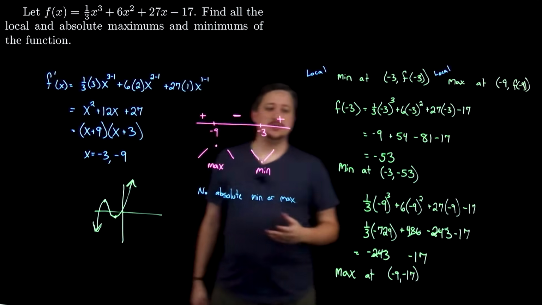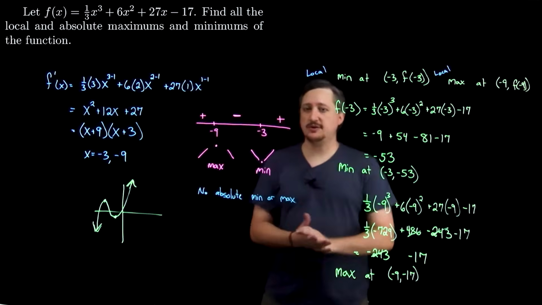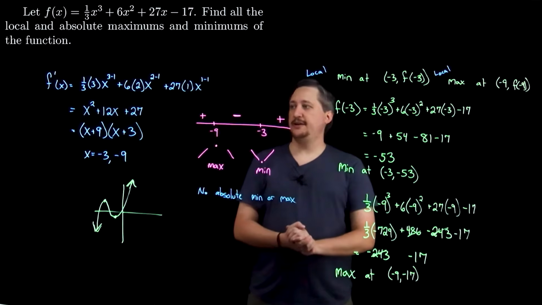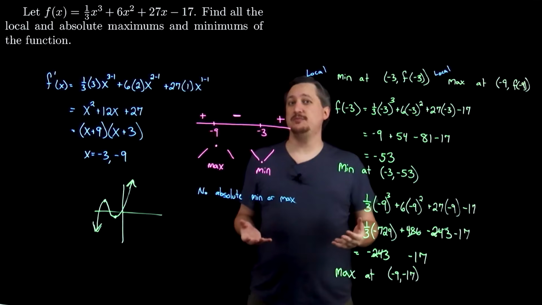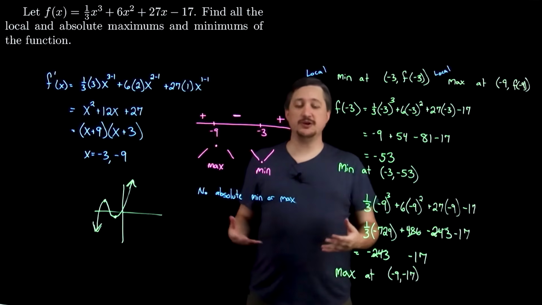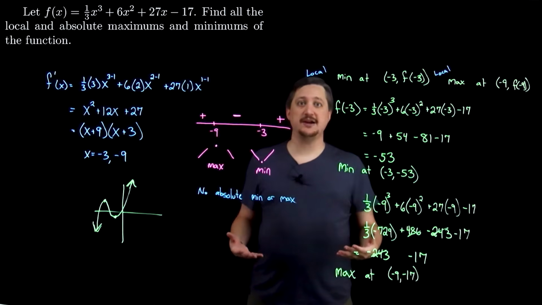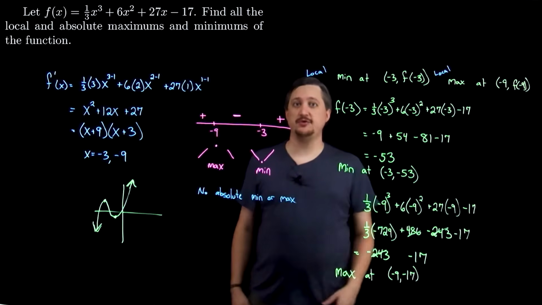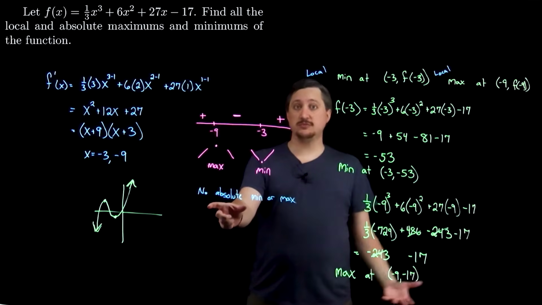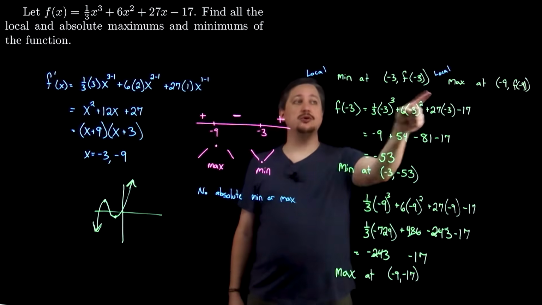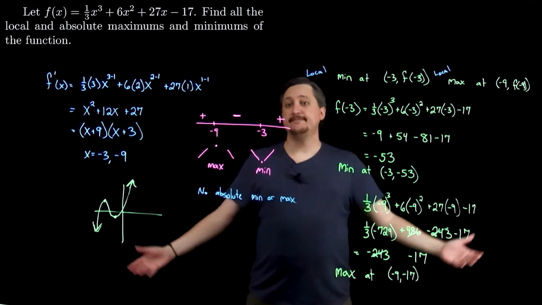In fact, something you probably learned in pre-calc, depending on where you took it, is that with polynomials in particular, you can tell whether it has absolute mins or maxes just by looking at the degree, right? So odd degree polynomials never have absolute mins or maxes unless there's some restricted domain, okay? So no absolute or global mins or maxes, but we do have a local of each. And that's that.